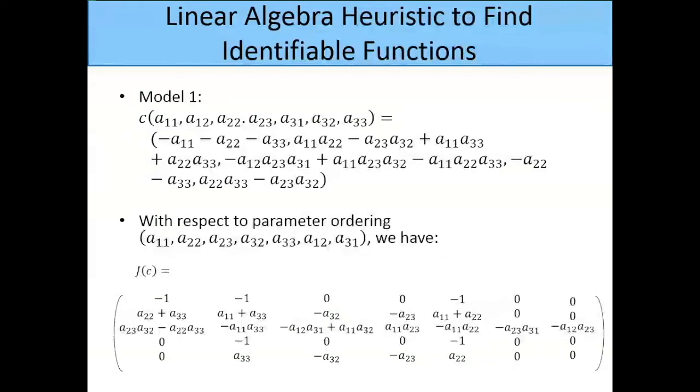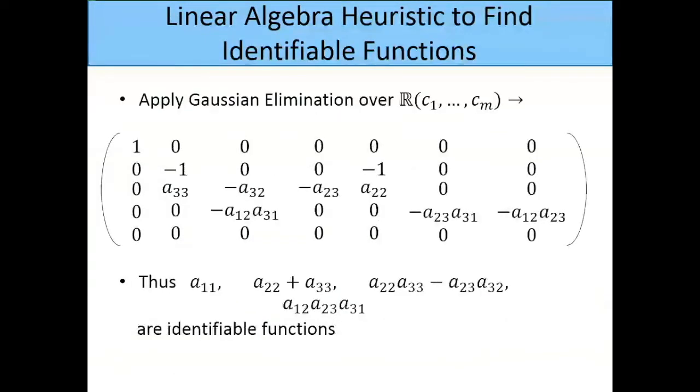So in the last few minutes I have, let me demonstrate this. This was model 1, the model that was bad, that didn't have identifiable cycles. So let's try this out. We can find our Jacobian with respect to some parameter ordering, which determines the ordering of my columns. I can apply this Gaussian elimination procedure, take my rows, dot them with my parameter vector, and notice my identifiable functions are the following. I get these two monomials, then I have this sum here and this difference here.